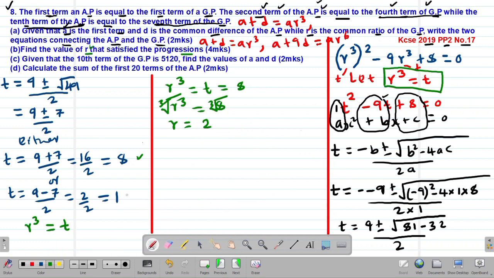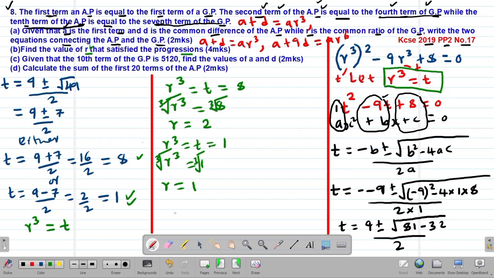Then we also find the other possible value of r. So r cubed was also equal to t, but the other possible value of t, we got it to be positive 1. Therefore, r to the power of 3 is equals to 1. If you find cube roots on both sides, the cube root of 1 is going to give you 1. So r is also equivalent to positive 1. So those are the possible values of r.